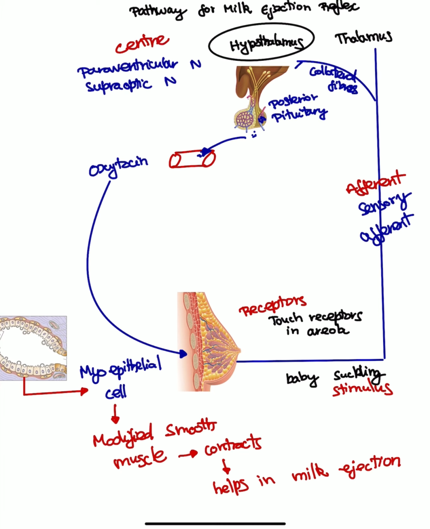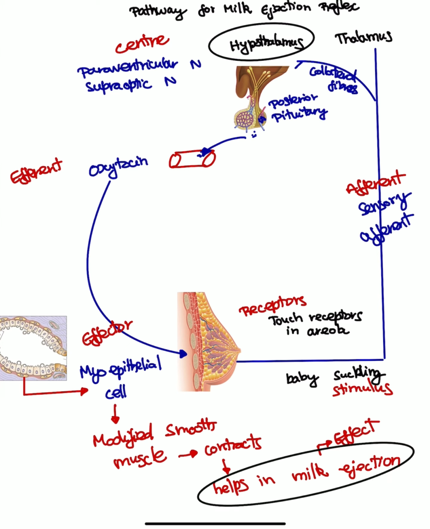The center here is the hypothalamus, paraventricular nucleus and supraoptic nucleus, and the efferent here is the hormone, that is oxytocin. The effector cell on which the oxytocin acts is the myoepithelial cell, and the effect that is produced here is the milk ejection. So this completes the milk ejection reflex.